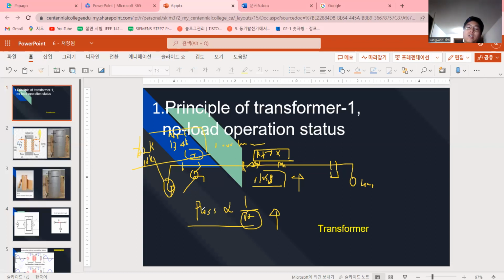The thing is, because of too much line loss, we have to increase the voltage, because the loss is proportional to 1 over V squared. Got it? That's why we made transformers.